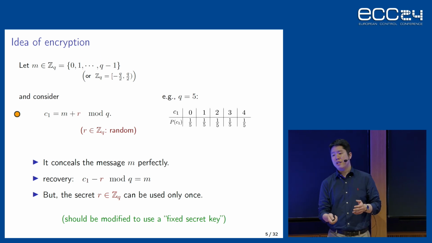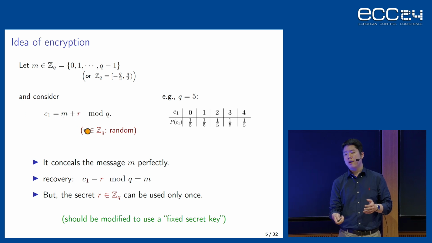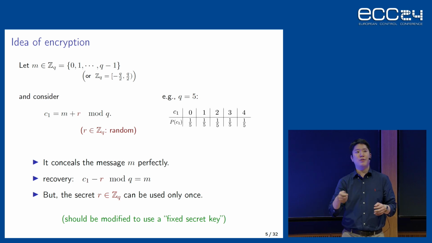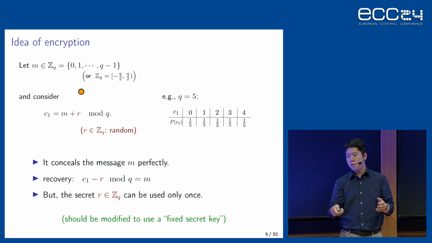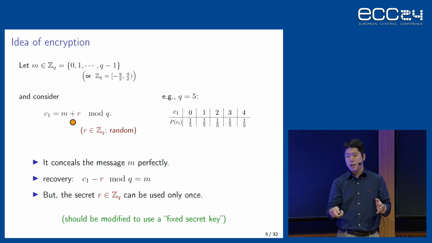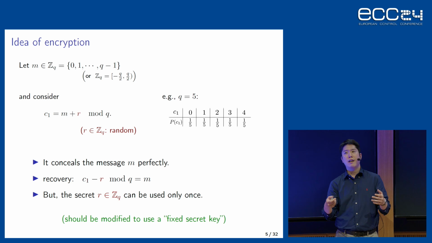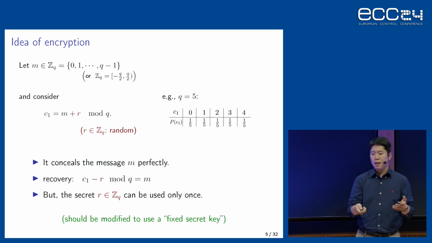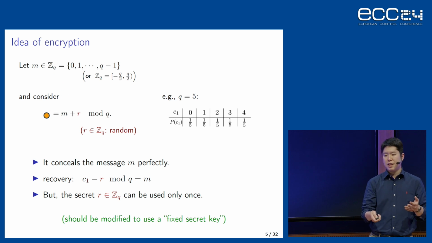If we choose this random number R from the uniform distribution over this set, which means each element from 0 to q minus 1 has the same probability 1 over q, then if we add this random number to the message and take the remainder, the resulting random variable will follow the same uniform distribution over this set. It means we can regard this number as an encryption.